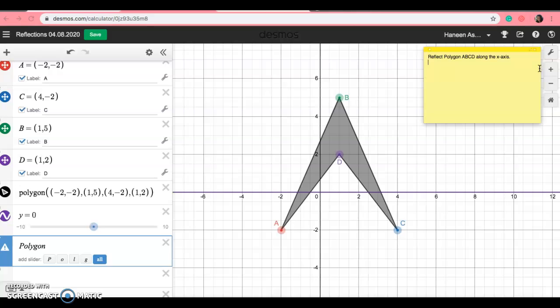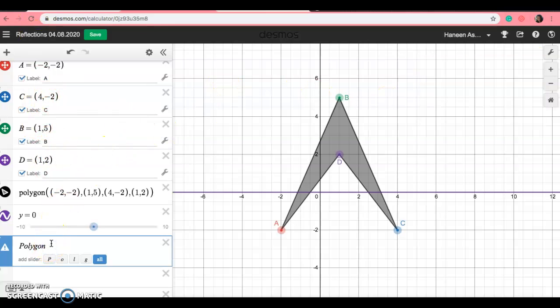Our original coordinates were A equals (-2, -2), B equals (1, 5), C equals (4, -2), and D equals (1, 2). So these are our original coordinates, just so we know. Once we move this shape around, we can write out our new coordinates.